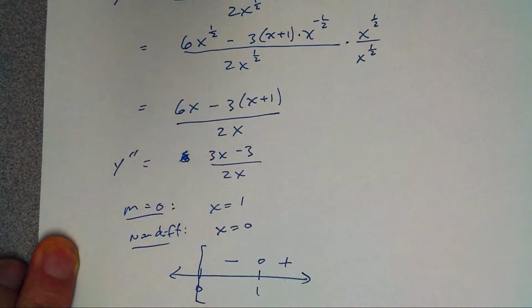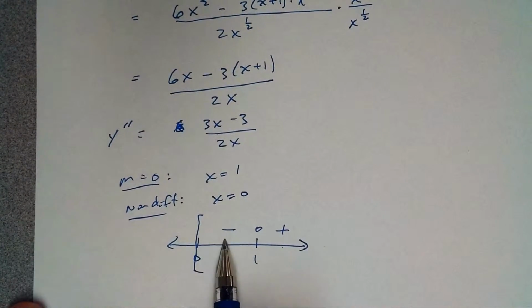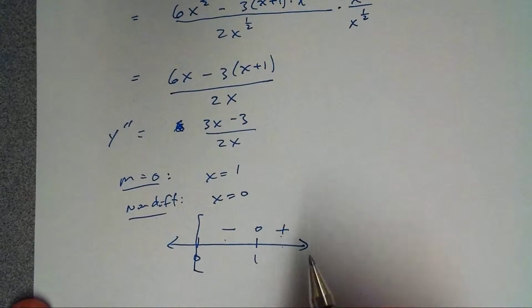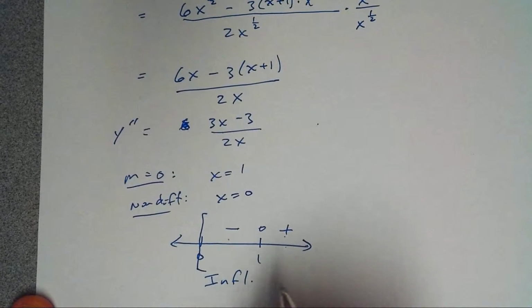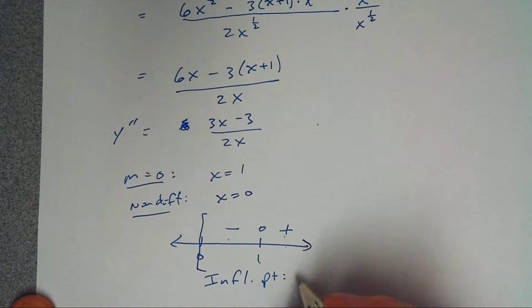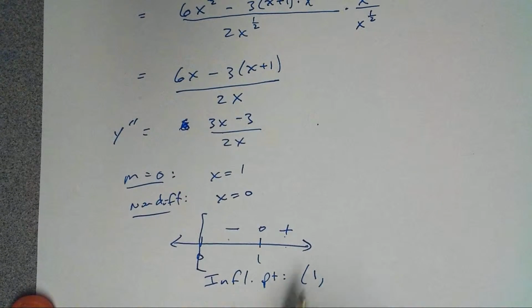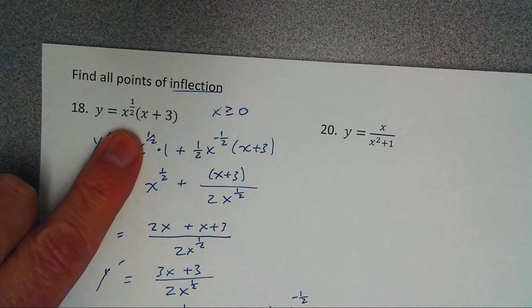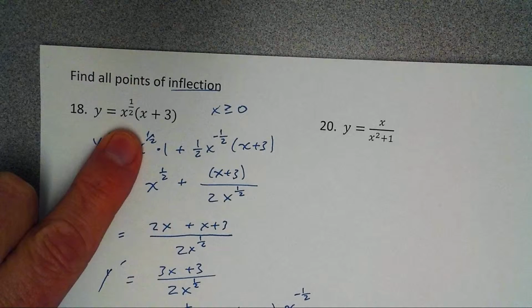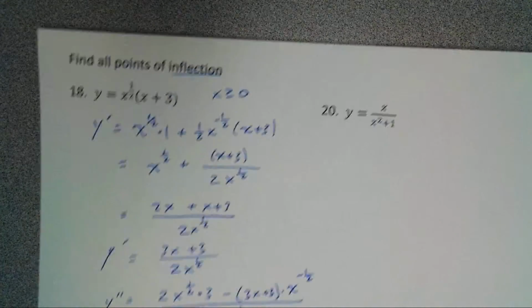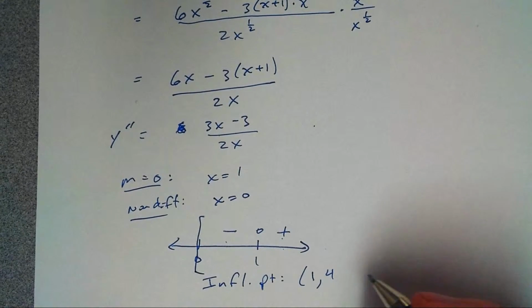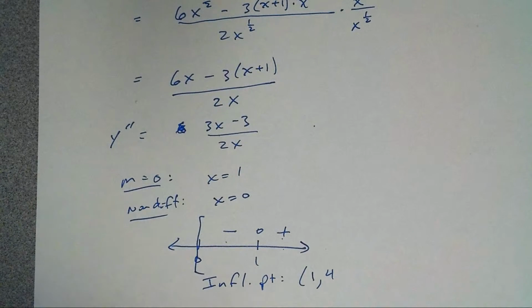So we are changing from concave down to concave up at 1, so we have an inflection point at x equals 1. I'm going to go all the way back up top and put 1 into my original function, and I get 1 times 4, square root of 1 is 1, 1 times 1 plus 3 is 4, 1 times 4 is 4. So for number 18, we end up with the point (1, 4).